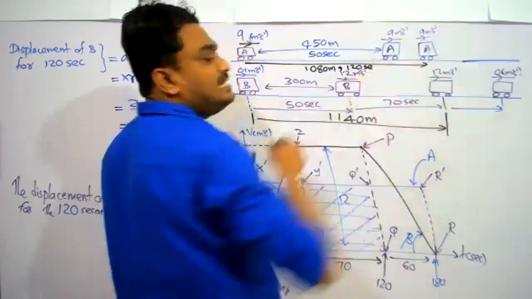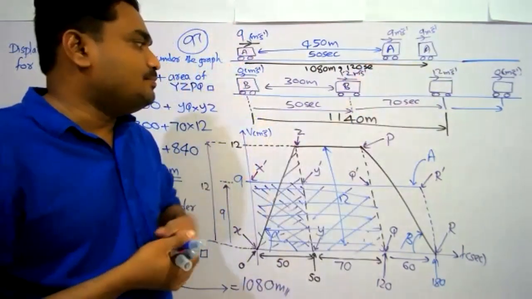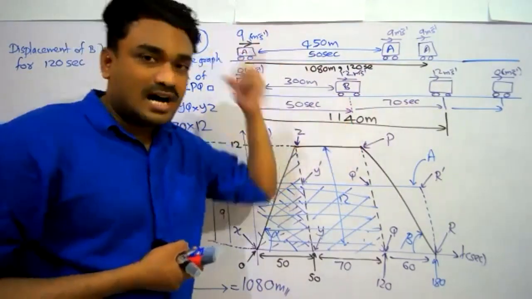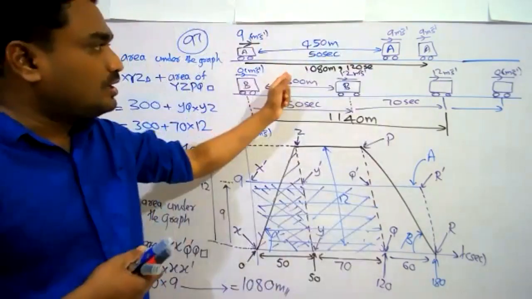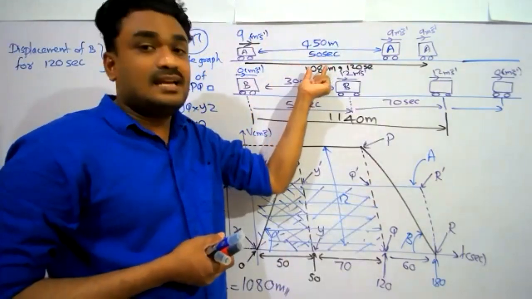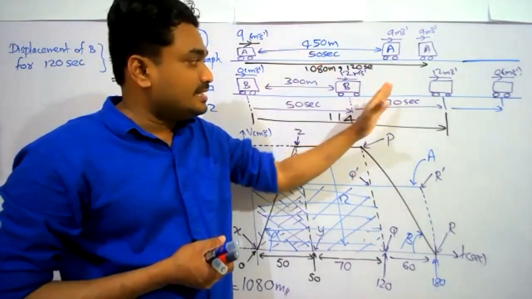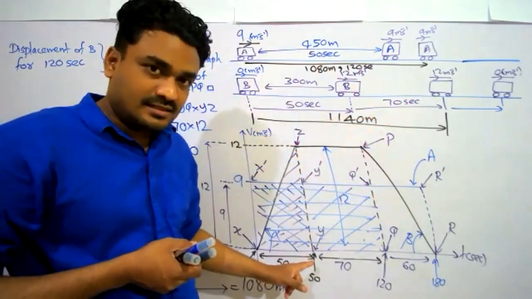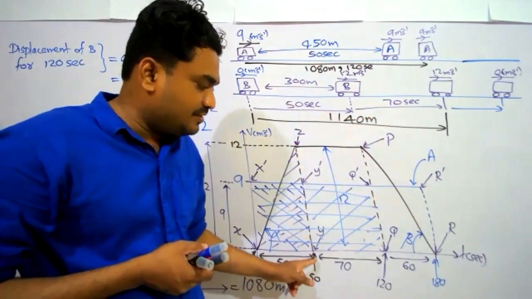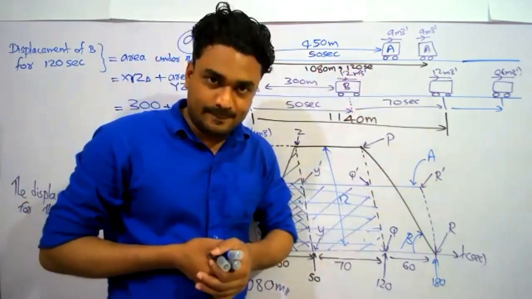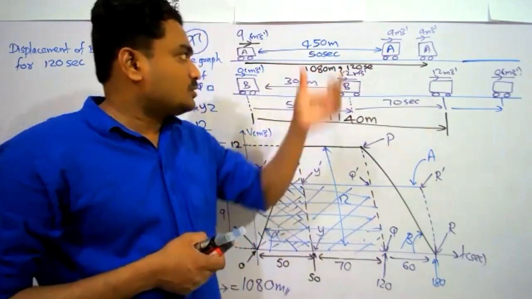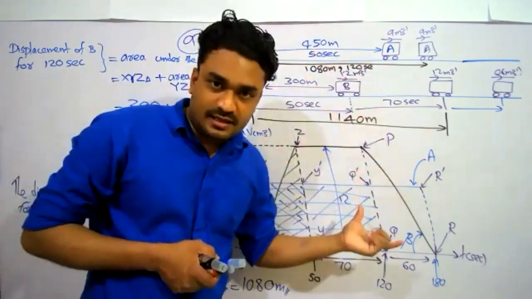So now B is leading. B has traveled 1140 meters in 120 seconds. A has traveled only 1080 meters. So definitely, after some time beyond 50 seconds, B has overtaken A. So we have to find that exact time. So this is the story. Please complete the figure.